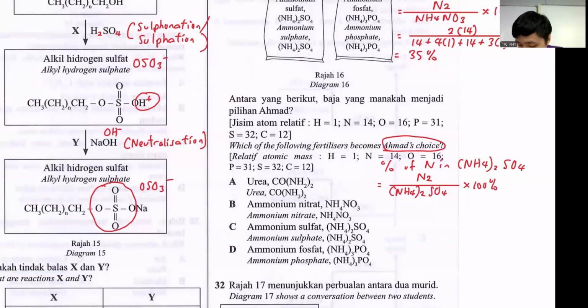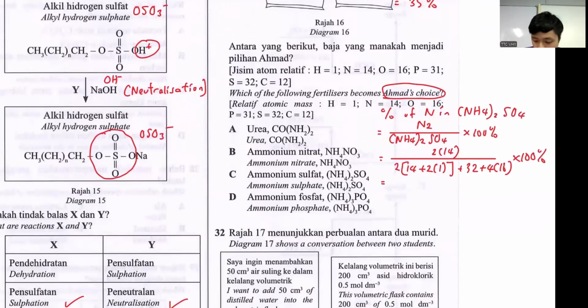So 2 times 14 over 2 bracket 14 plus 2 times 1 plus sulfate, which is 32 plus 4 times 16. For ammonium sulfate, you will get 21%, sorry, 21%.